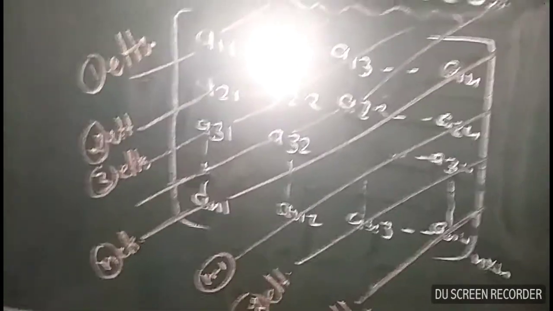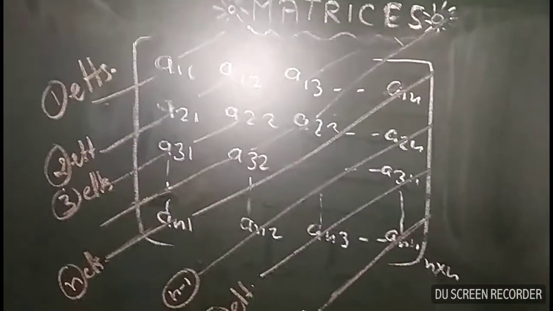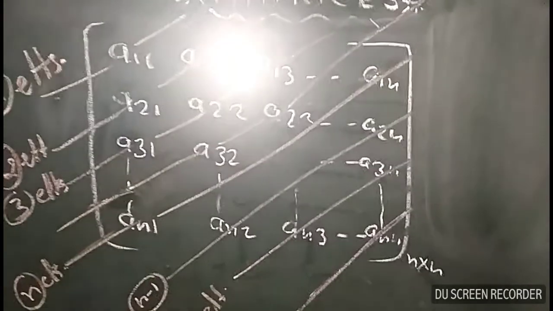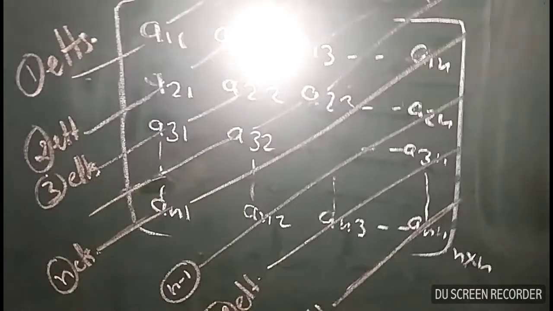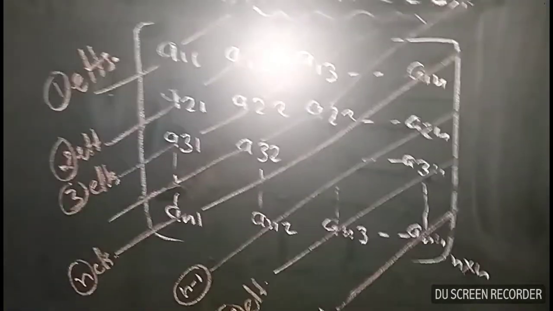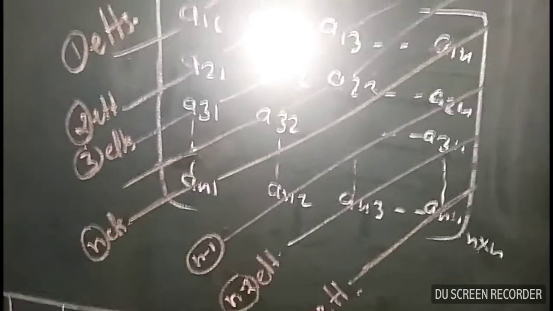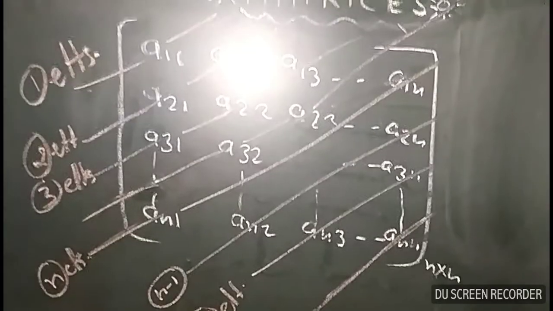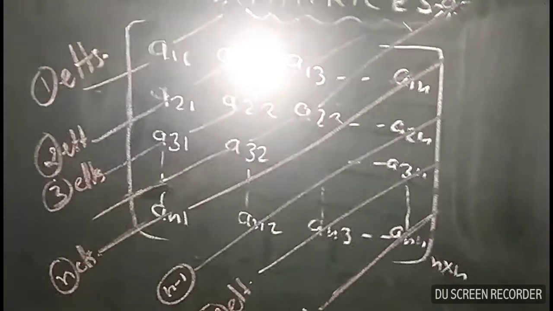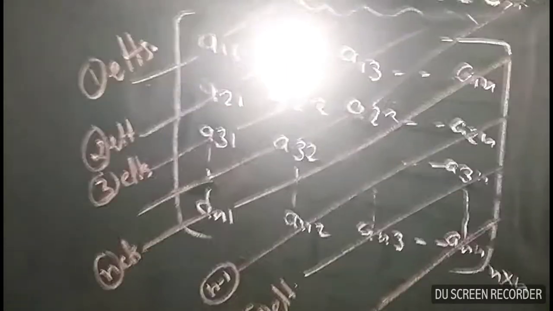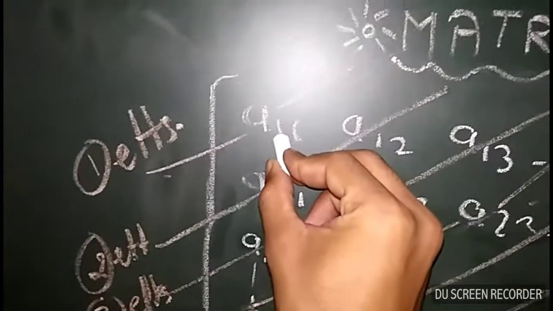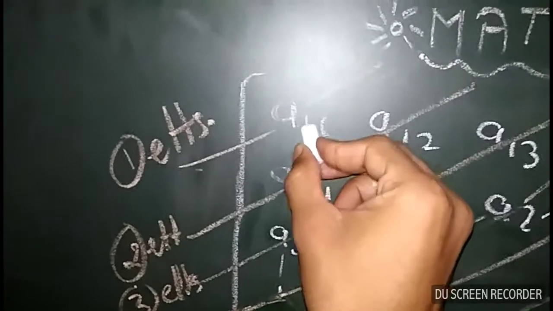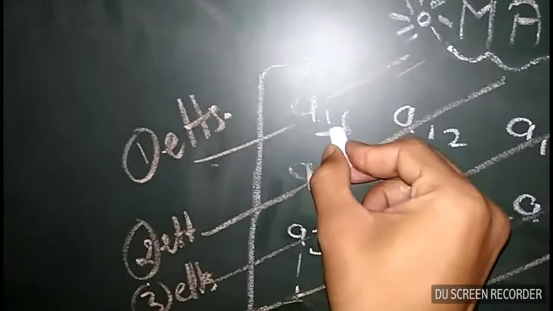For this we see that in a square matrix of order n, the sum of row number and column number lies between 2 and 2n. Here the row is 1 and the column is 1, so the sum of row number and column number is 2.